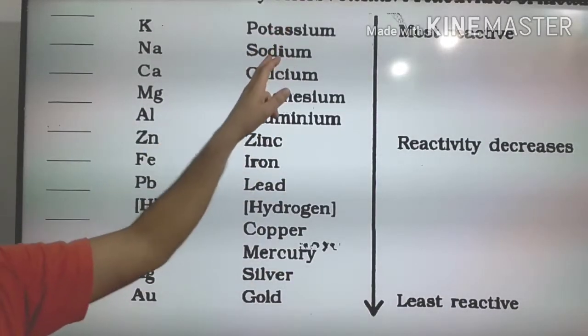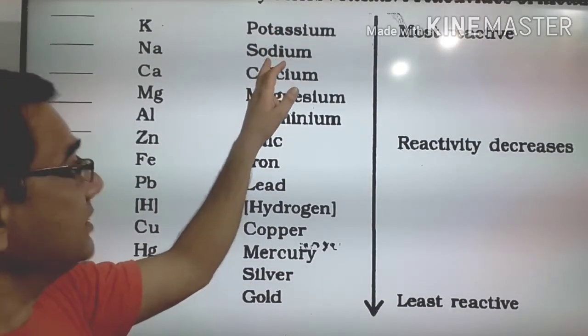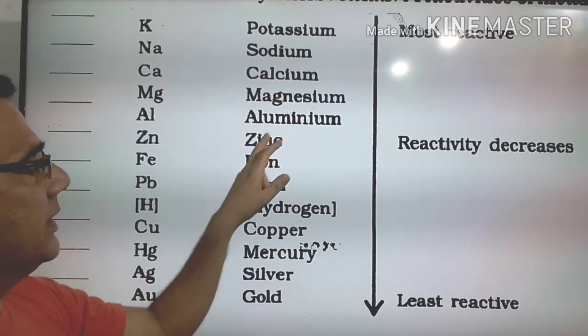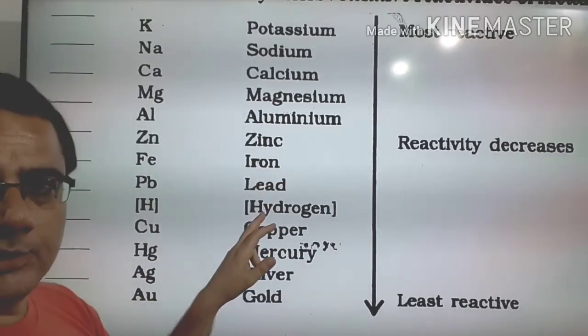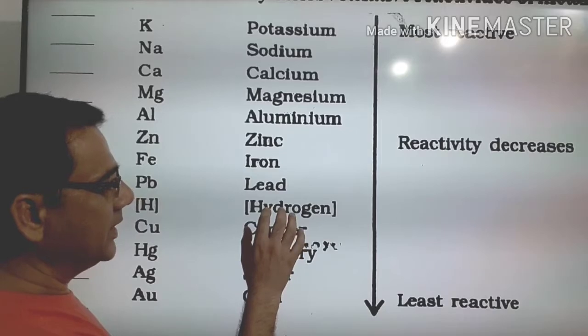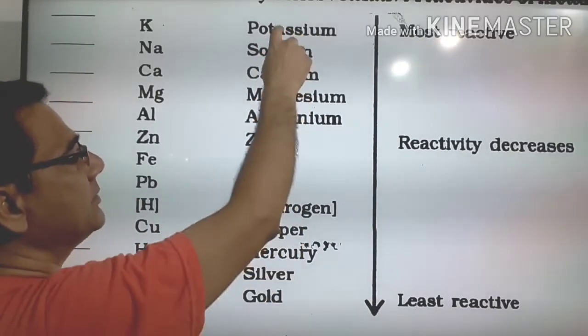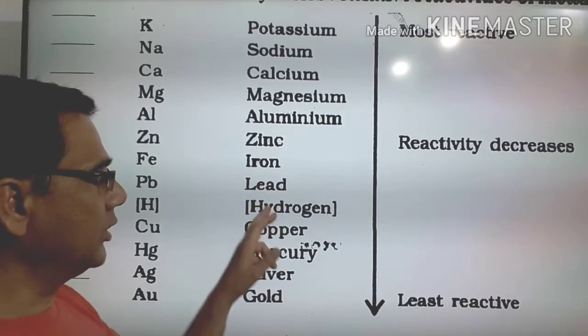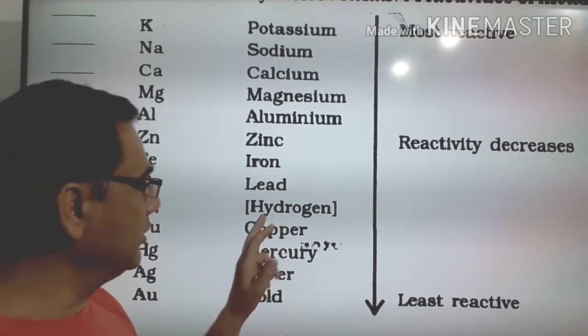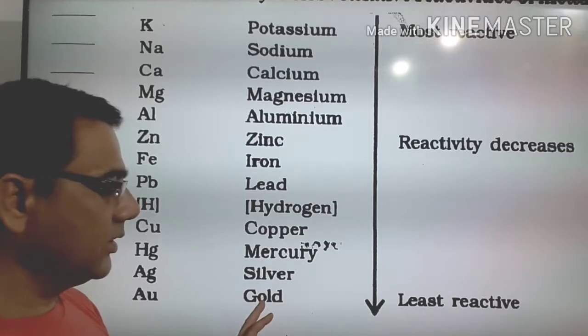And this is the reactivity series. Potassium and sodium come at the top of the reactivity series, followed by calcium, magnesium, aluminium, zinc, iron, lead and hydrogen. Hydrogen is here. Above this hydrogen, all these elements are there. So these elements from potassium to lead are more reactive than hydrogen. And below hydrogen are copper, mercury, silver and gold.